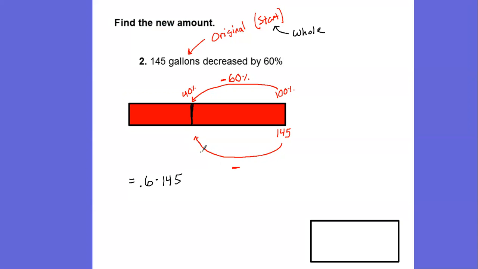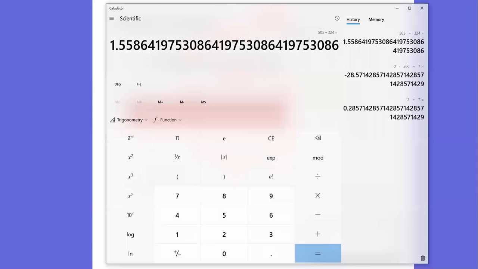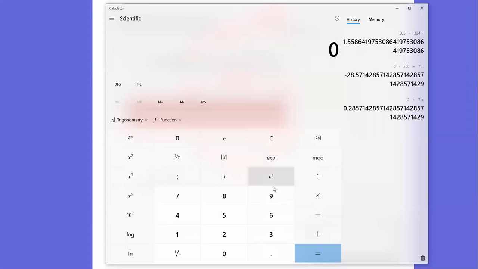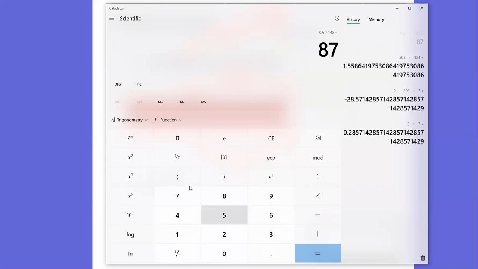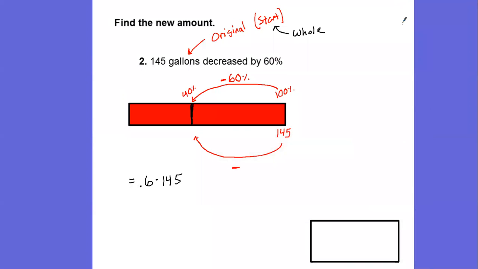So 60% of 145, just to save some time here, I'll use the calculator. Let's clear this out. I'm going to do 60% times 145, and you are welcome to use your calculator on these problems. It'd be 87. So I'm losing 87. That is what 60% of the 145 is.